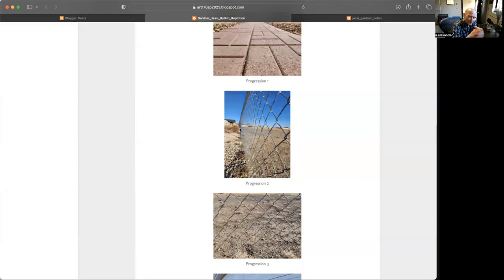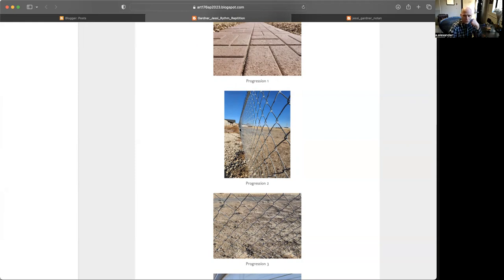It moves the eye in a particular way. It leads the eye. Usually we use leading lines to accentuate a progressive rhythm. Leading lines means converging lines like this.